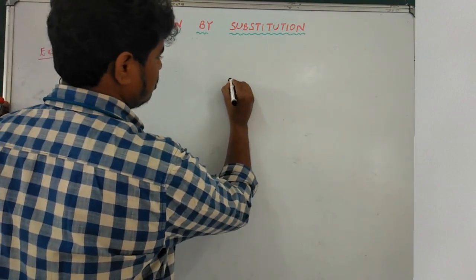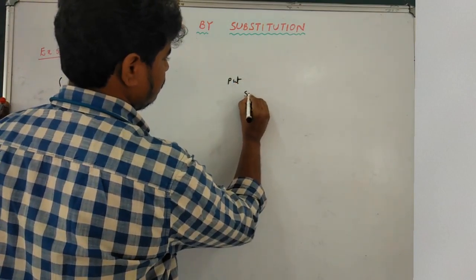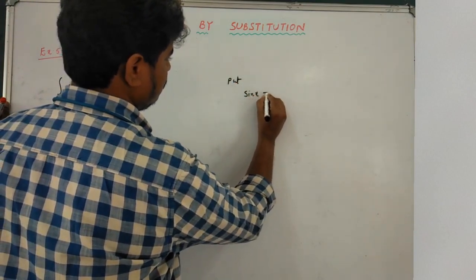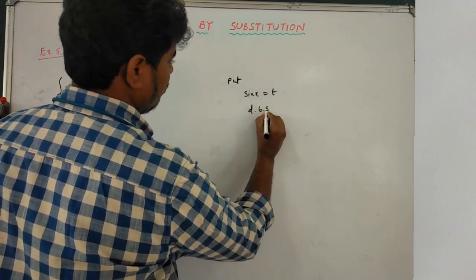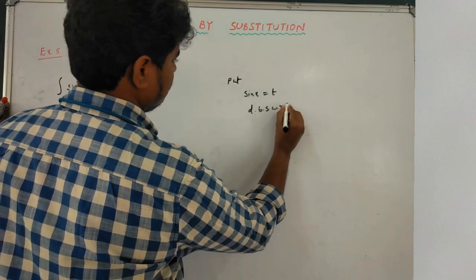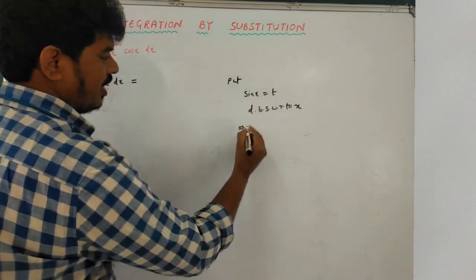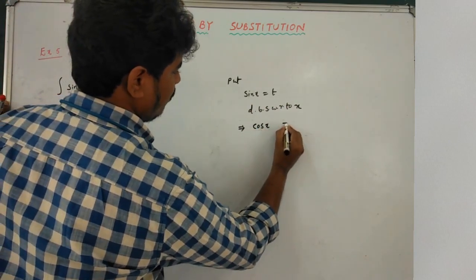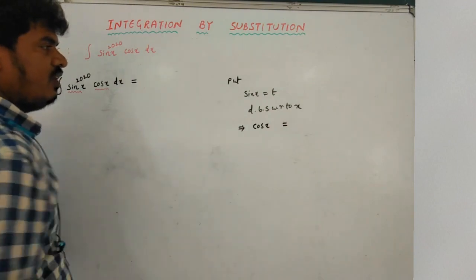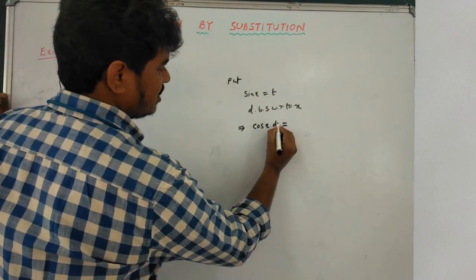Put sin x equals t. Differentiate both sides with respect to x. The derivative of sin x with respect to x is cos x, equal to the derivative of t with respect to x, dt by dx.